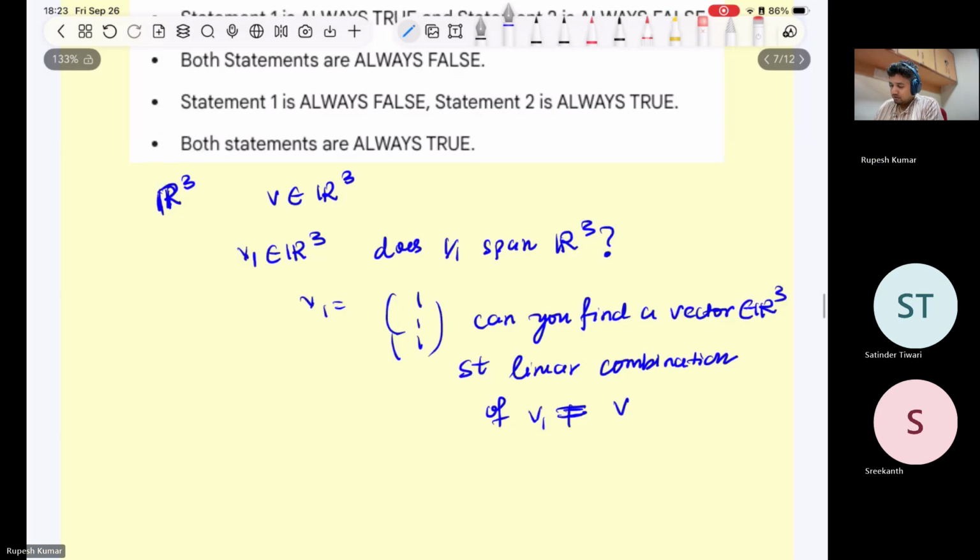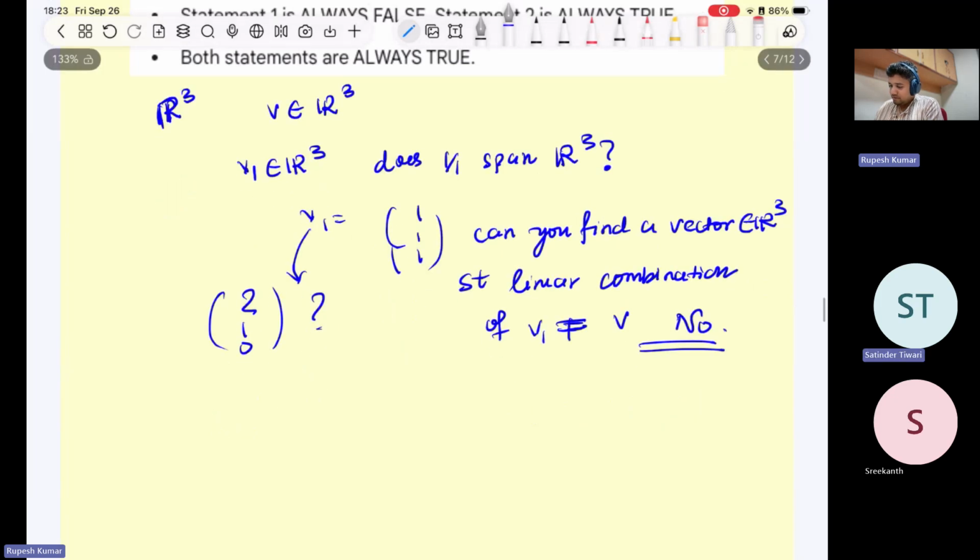Let me take another example, 2, 1, 0. Can you scale V1 to get here? No, right?